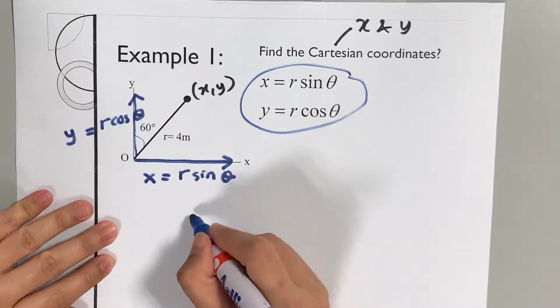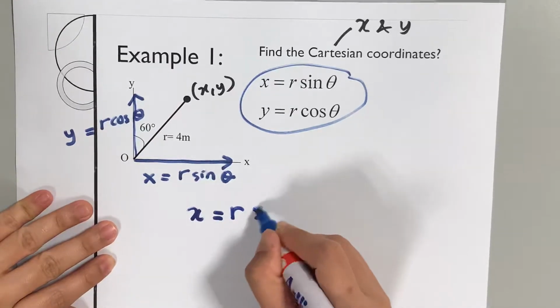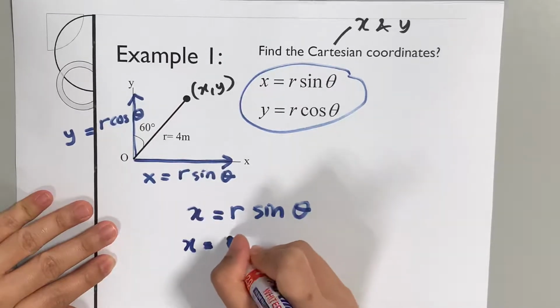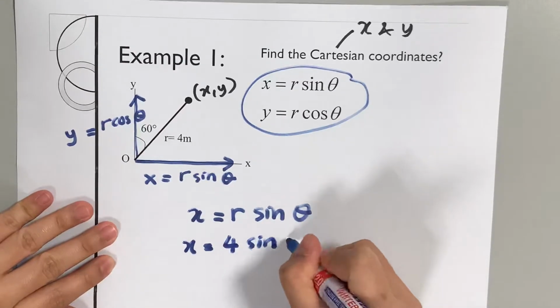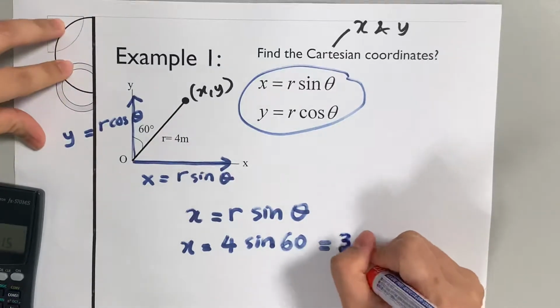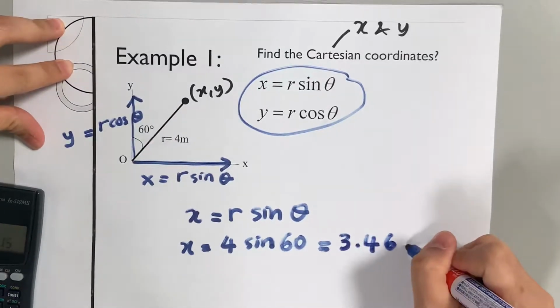So here x is equal to r sine theta, so x is equal to r is 4, 4 sine 60 is equal to 3.46 meter.